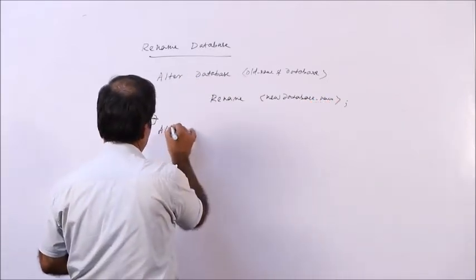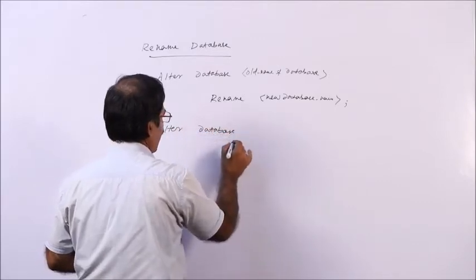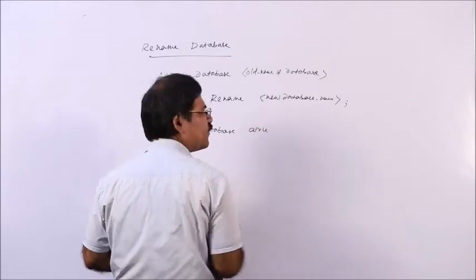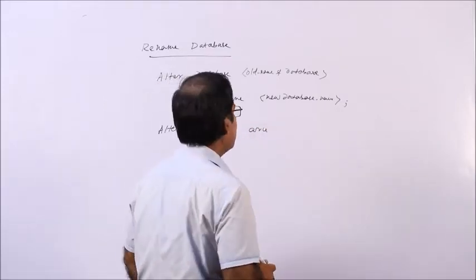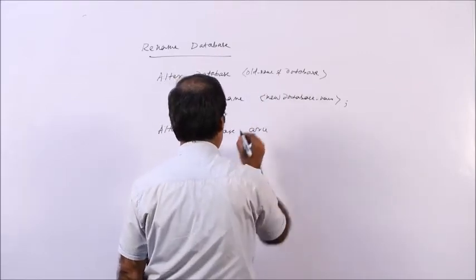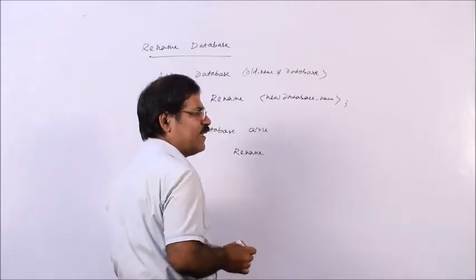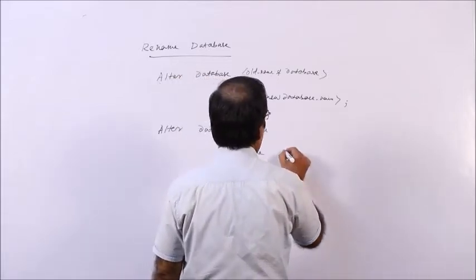Suppose I want to alter database Aru, which was already created before, and change it into another name. So, alter database, old name is Aru, and rename to a new name. Let the new name be HSS.